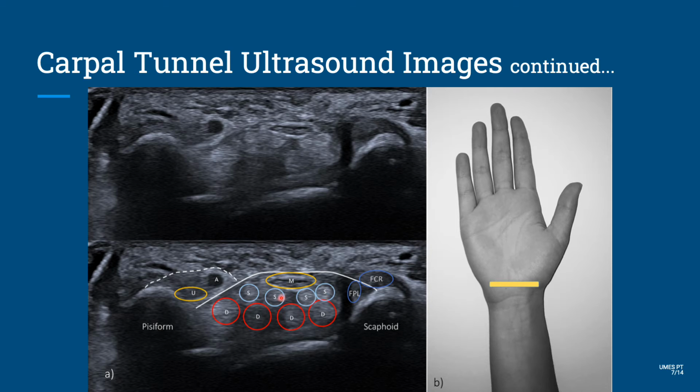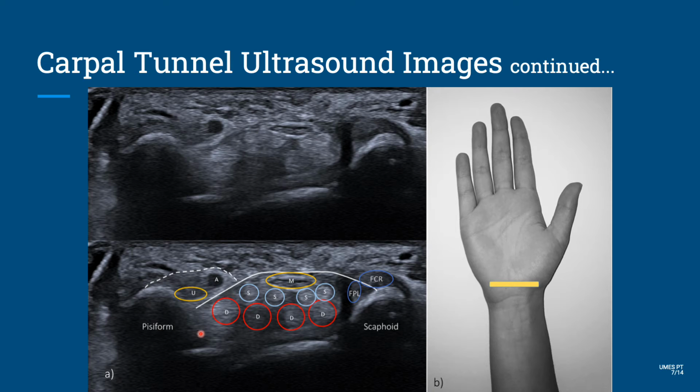Just superficial to that, you're going to see the flexor digitorum superficialis tendons. And then very superficial, you'll see the median nerve. So it's right up here and right there. That is all encased inside the flexor retinaculum, along with, on the radial side, right there, you can see the flexor pollicis longus.